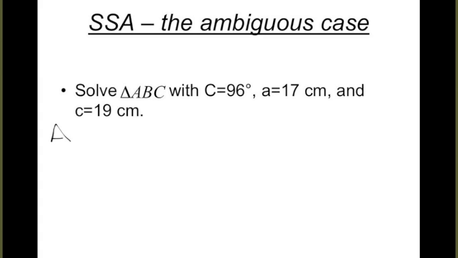So I'm going to begin by setting up my chart of given information and what I need to find. So in this problem, once again, I only have one angle, so I can't start by subtracting from 180. So I have to start with the law of sines.